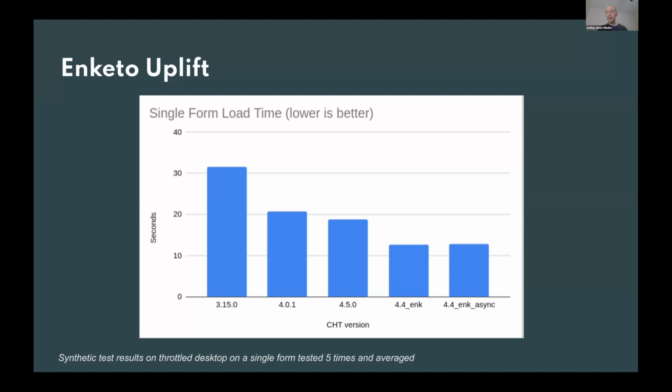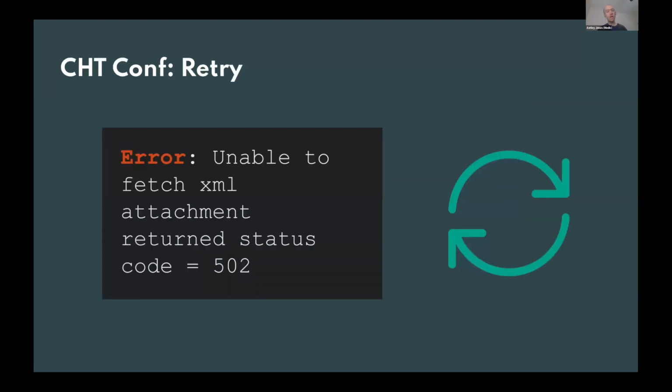Another project that we worked on recently is CHT-conf, which is the command line utility that is used to push configuration changes from the development environment to production. As well, it is used on GitHub to do automatic deployments through continuous deployment.